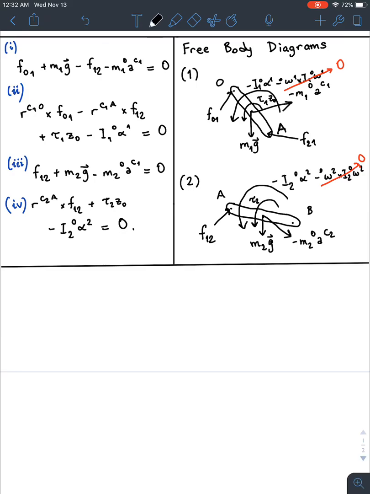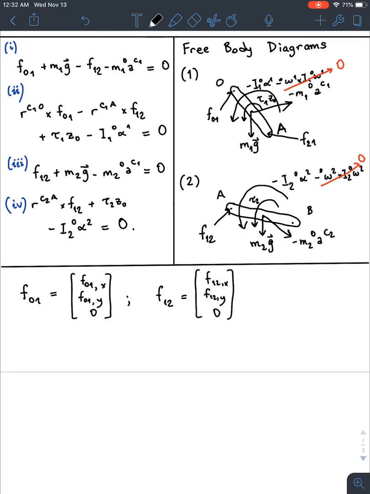So I'm just going to assume that F01 has components F01X, F01Y, and 0 in the zeroth frame. This is written in the zeroth frame, yeah? And F12 similarly has components F12X and F12Y in the zeroth frame. Okay, again, this is written in the zeroth frame.